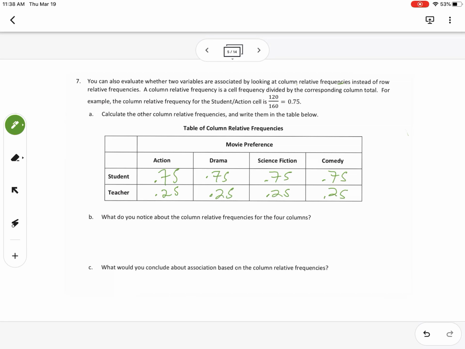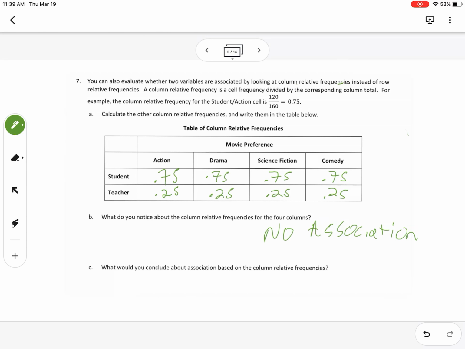So part B here says, what do you notice about the columns and the frequencies? Well, they're all the same, so that means that there is no association. So I can't tell the difference based on this, meaning if I were to say 75% of students prefer this movie, which movie type is it?